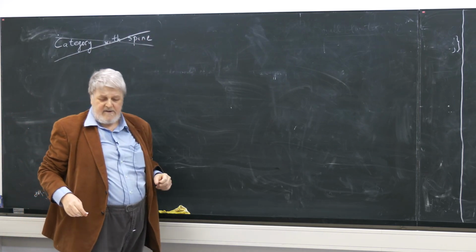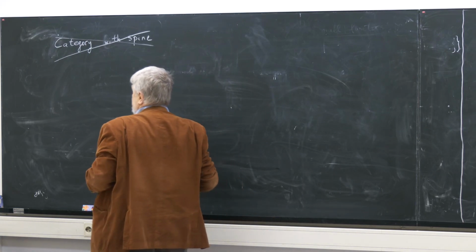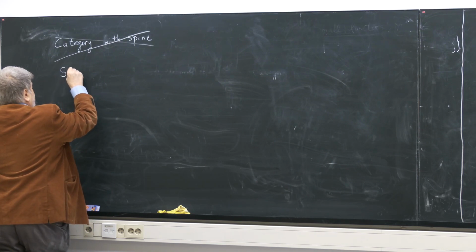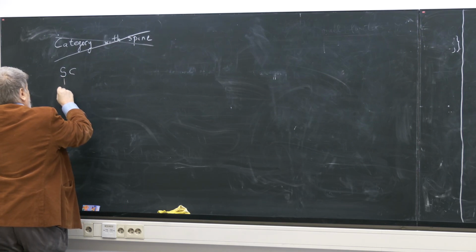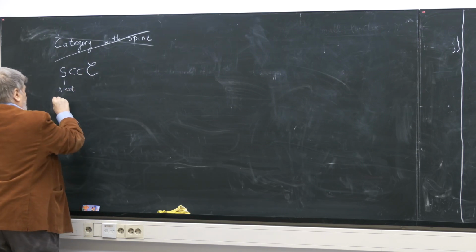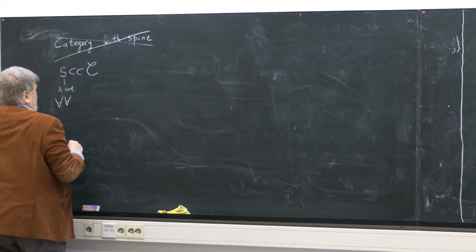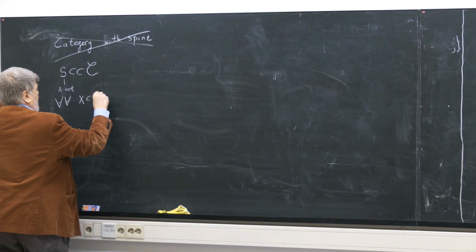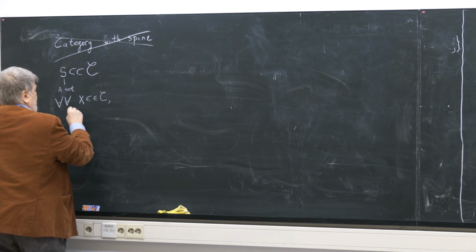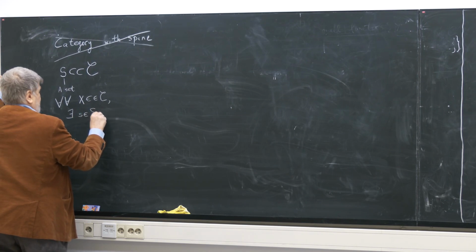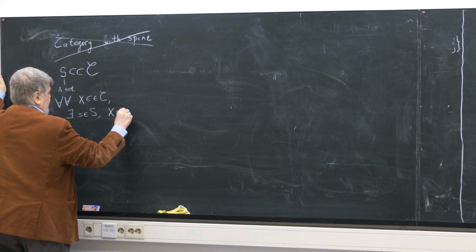For Russian speakers, categories со скелетом are such categories that there exists a set containing all the classes of isomorphic objects for any object of C. There exists a S in C such that X is isomorphic to S.